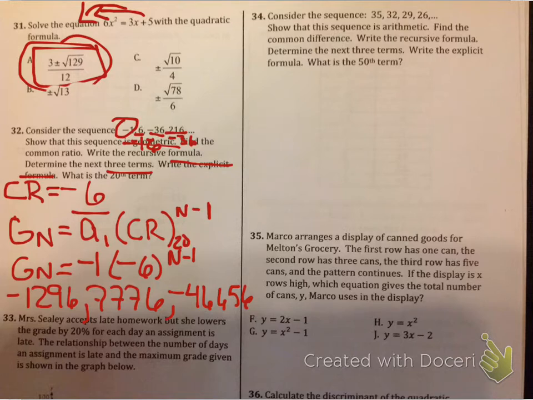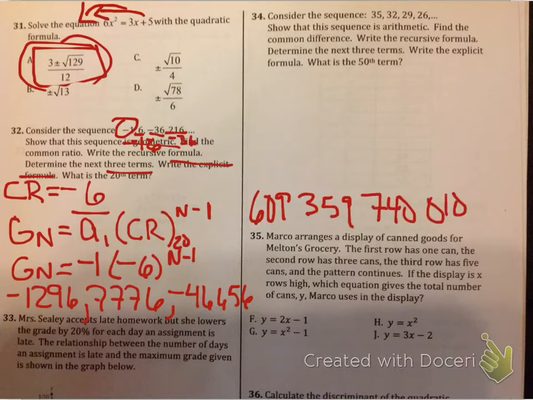I got 609,359,740,010,496. Big answer. But there you go. Okay, so there's number 32.